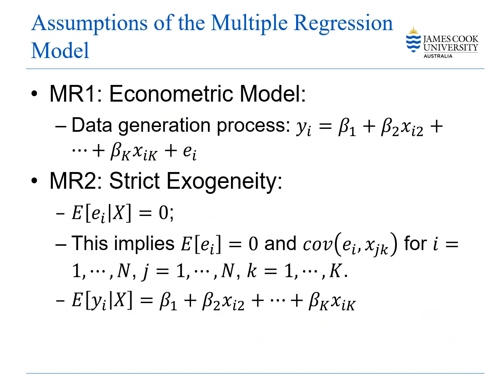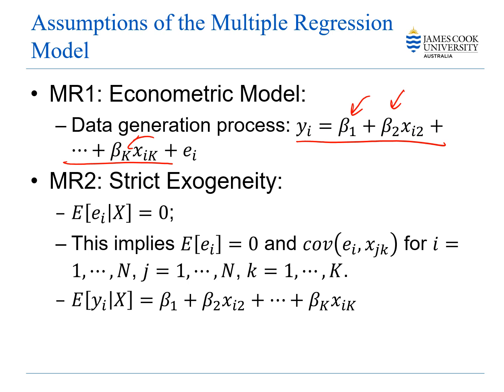All right, we do need a few assumptions to estimate beta. It's quite similar to the simple regression model. First, MR1: the data generation process is indeed this way. You should think that beta 1, beta 2, beta 3, beta 4 until beta k are the true values of the parameters.